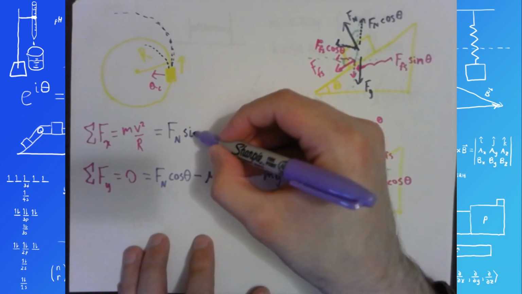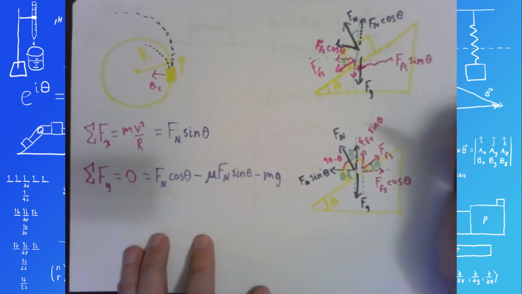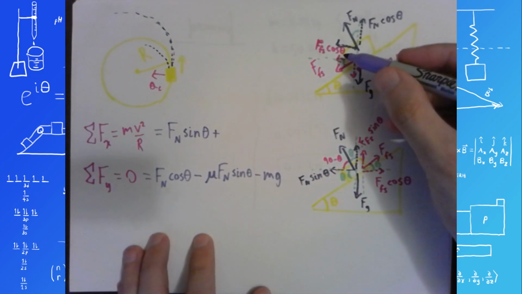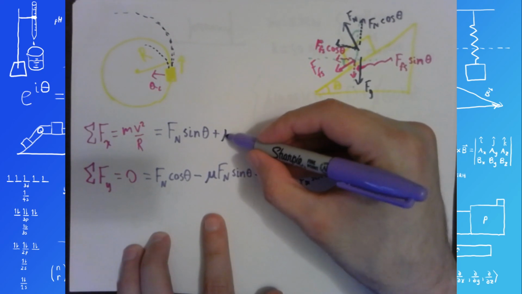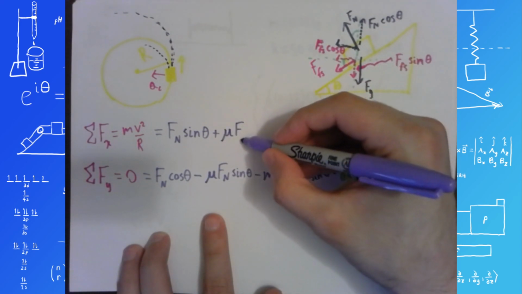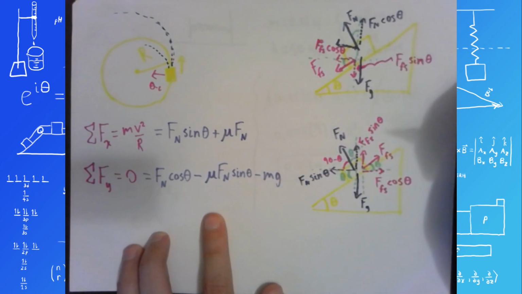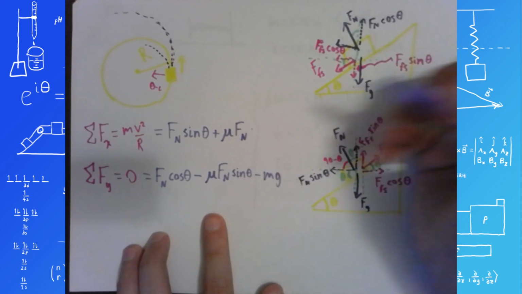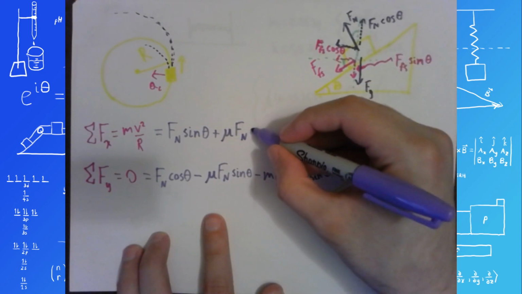Normal force times sine theta plus static friction cosine theta. Static friction is coefficient times normal force. And then that times cosine of theta.